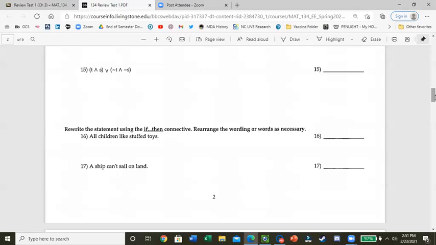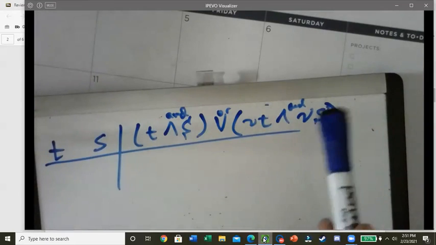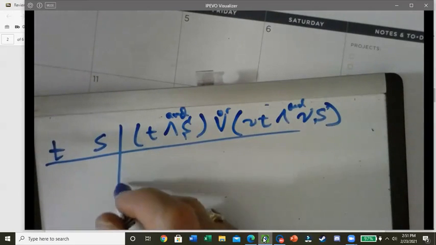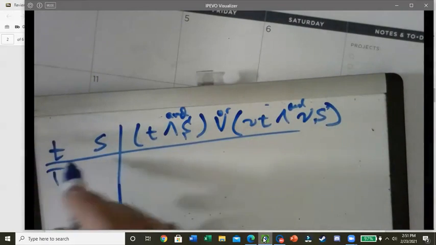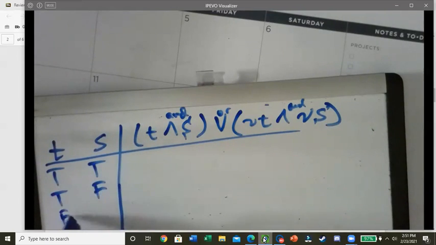So it helps if you write this out at the top, because it's really easy to get these mixed up. So again, this would be true, true, true, false, false, true, false, false.